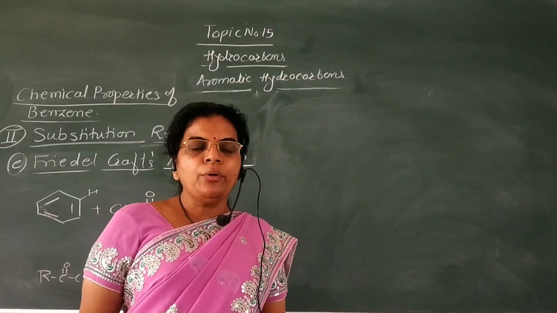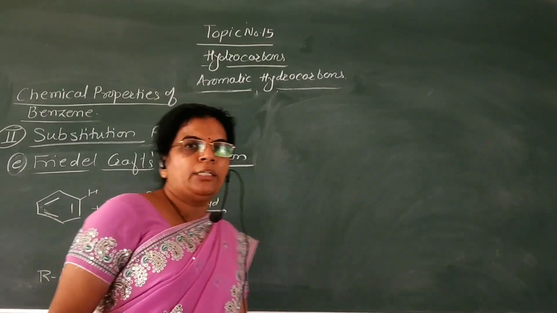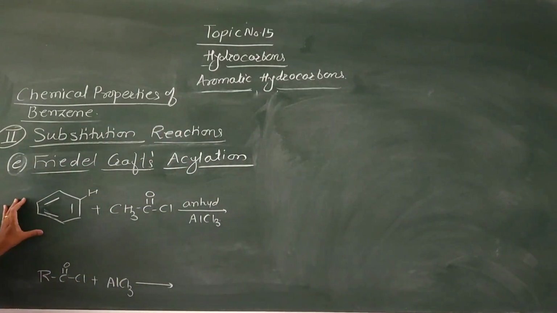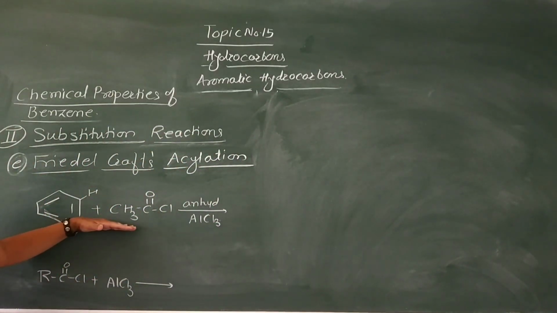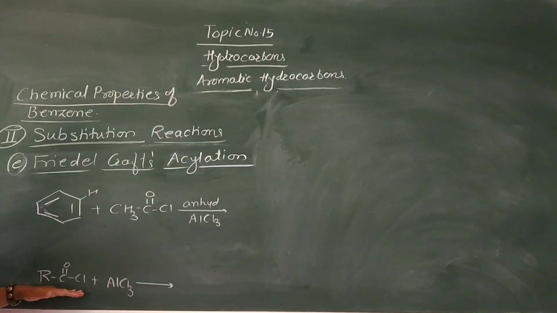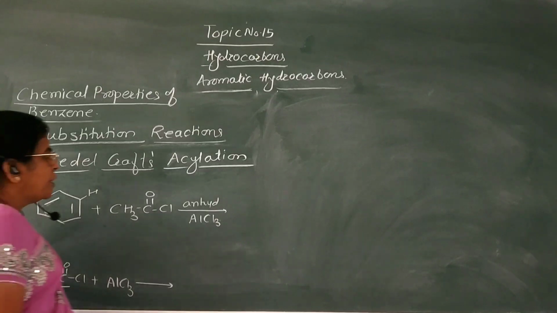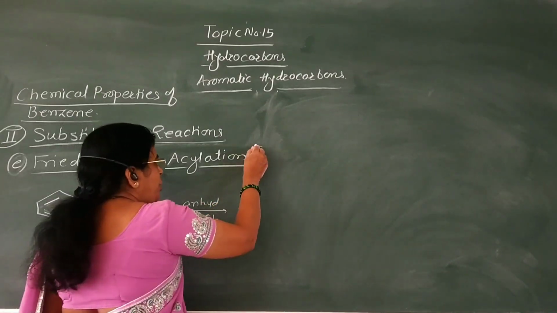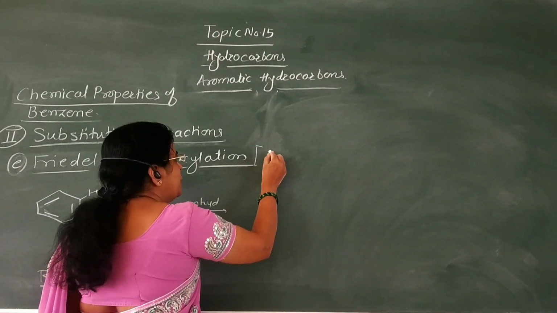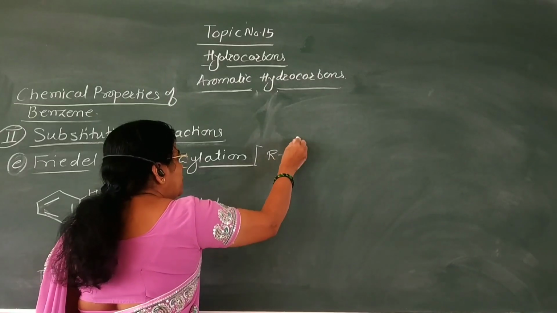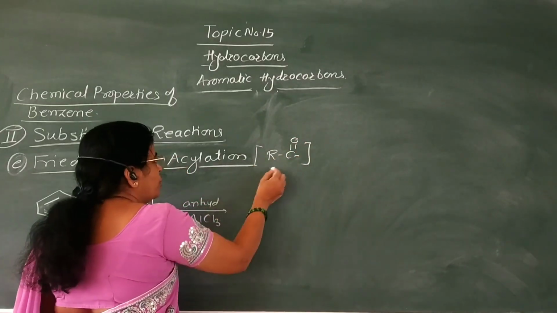The next reaction we are going to see is Friedel-Crafts acylation. Now here, when benzene is treated with acetyl chloride or acyl chloride, that is RCOCl, one hydrogen atom from the benzene ring is replaced by a COR group. This reaction is named Friedel-Crafts acylation reaction, in which one hydrogen atom of benzene is replaced by an RCO group, or acyl group.